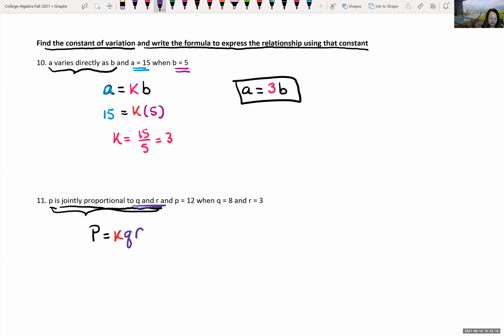Now we're given enough information to figure out what K is. We're given that P is 12, so 12 is equal to K times Q, which is 8, times R, which is 3.